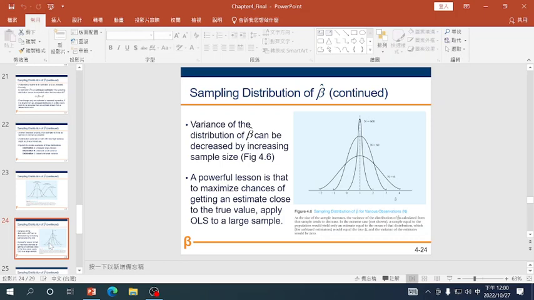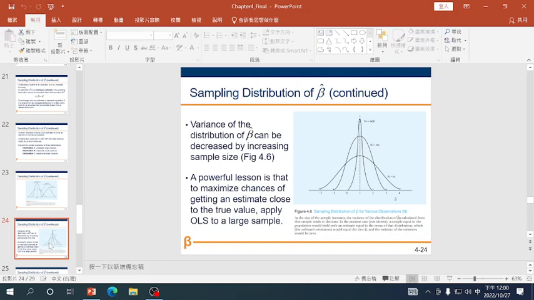The more data you collect, the more precise the beta you will get. Understand what I'm saying here?